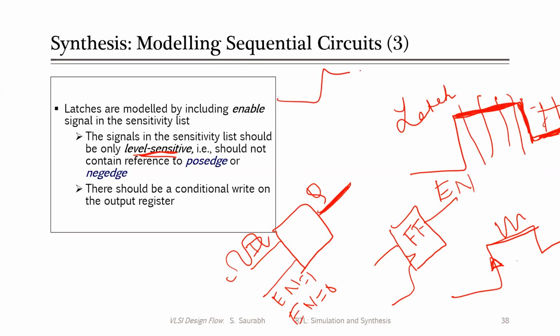So let me draw a better figure. Suppose your enable signal is like this in a latch. Even within this time, if D changes, nothing will change at the output.